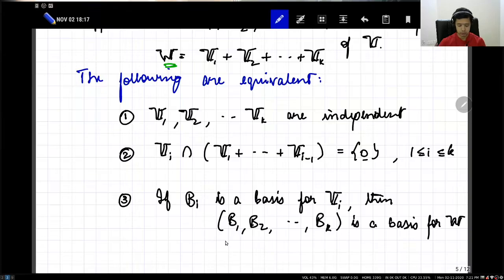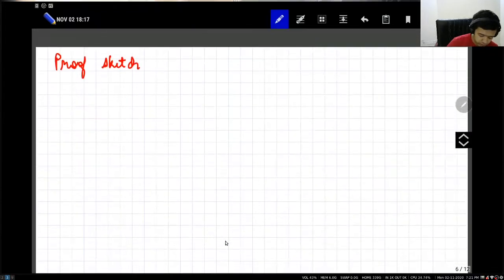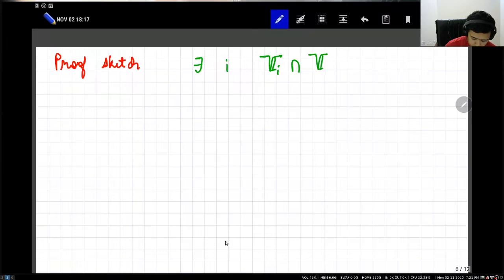So now suppose that statement 2 is not satisfied, which means that there exists some i such that Vi intersection V1 plus V2 and so on all the way up to V(i-1) is not equal to the 0 vector.